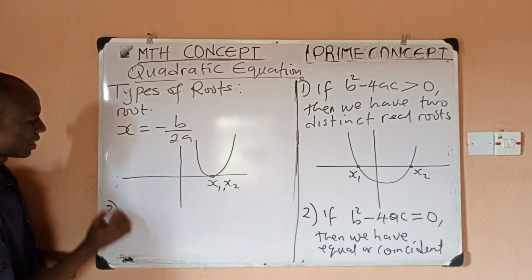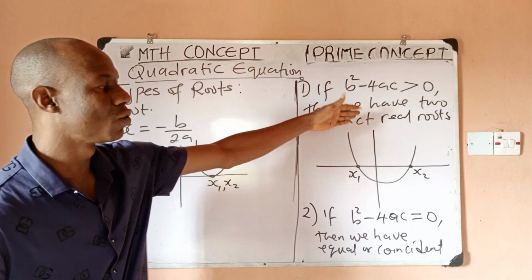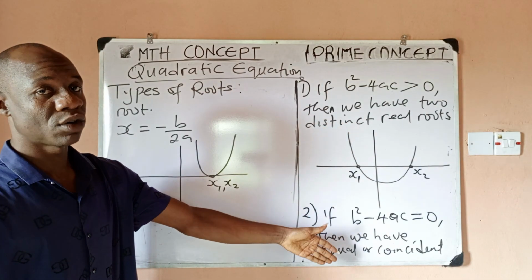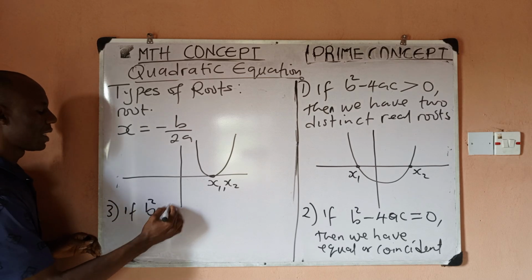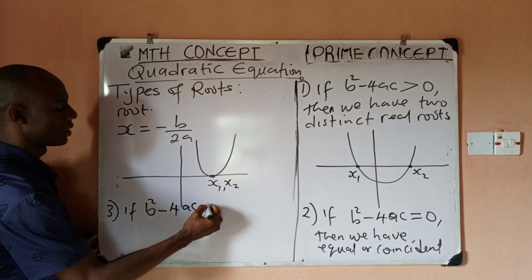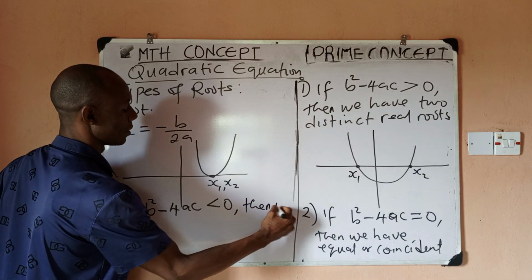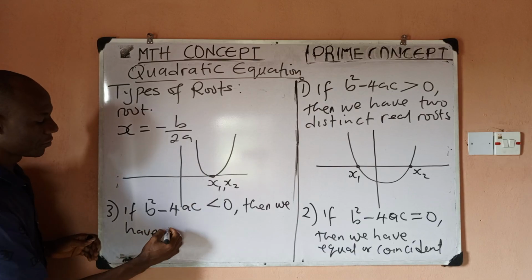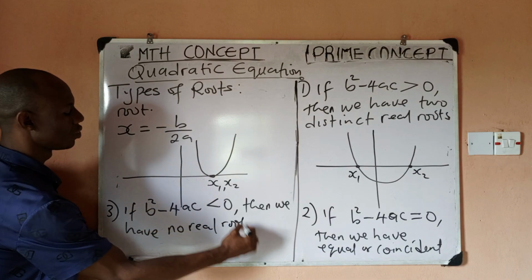Then number 3, which is the last type of roots we can have. We can have 3 types. Number 1 is real distinct roots. Number 2 is coincident equal roots. Then number 3, if b square minus 4ac is less than 0, then we have no real roots.